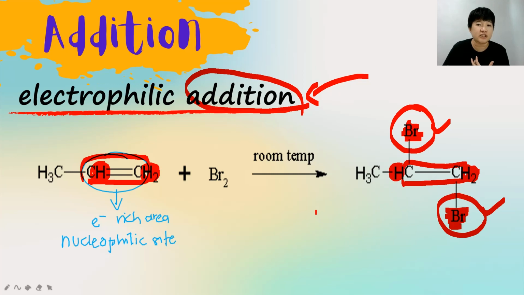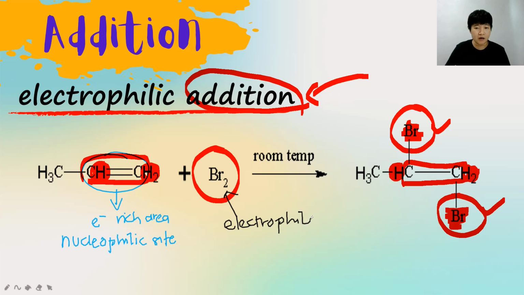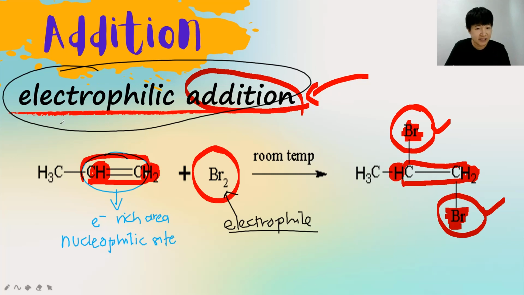So who is making the changes right now? Br is making the changes. And the Br that is making the changes is your electrophile. Alright, Br is your electrophile. And since Br as an electrophile is making the changes, therefore the process name will be electrophilic addition.